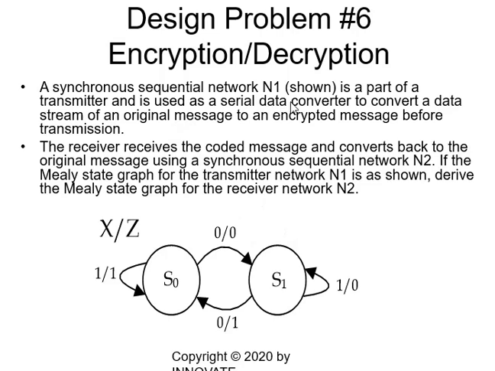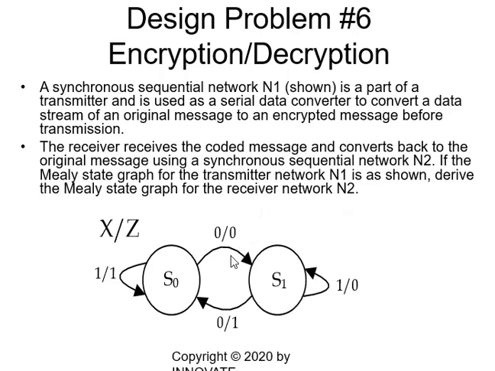So a sequential machine, N1, which is shown here, is part of a transmitter and is used as a serial data converter to convert a data stream of original data to an encrypted message before transmission. The receiver receives the coded message and converts it back, so we need to design N2. The Mealy state graph of the transmitter network N1 is shown. Derive the Mealy state graph of the receiver network N2.